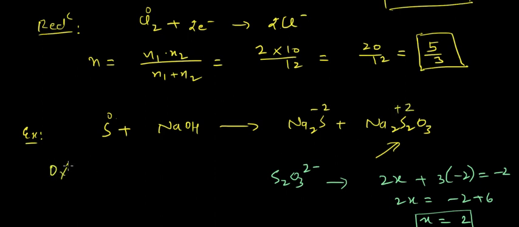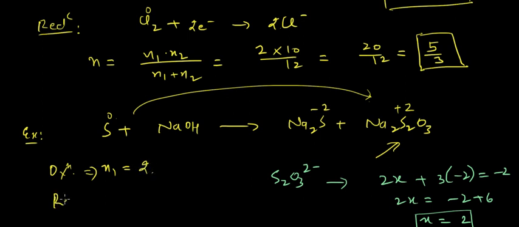In oxidation, the number of electrons released by the sulfur atom converting from S0 to S plus 2 would be 2, and for reduction, the number of electrons gained by the sulfur atom converting from 0 state to minus 2 state would again be 2.